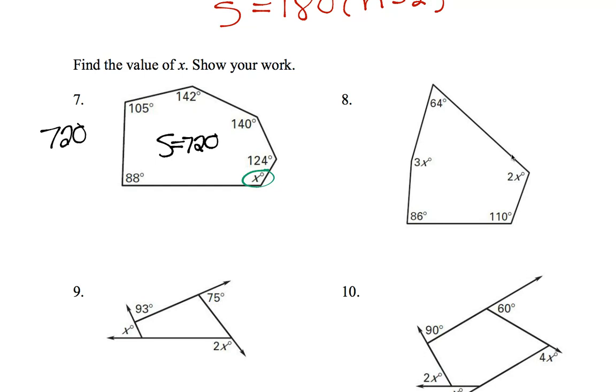So 720, I'm going to take away the 105. I'm going to take away the 142. I'm going to take away the 140. That's a bad 140. I'm going to take away the 124. And I'm going to take away the 88. And that's going to leave us with 121.